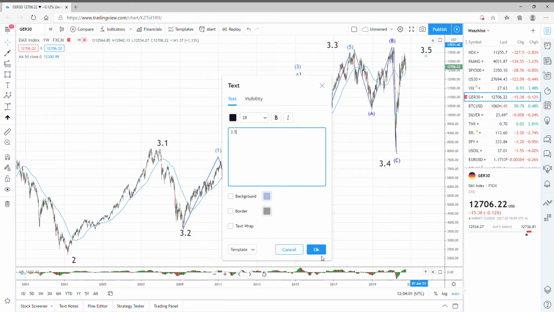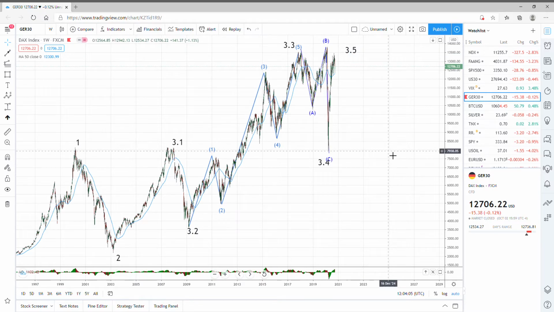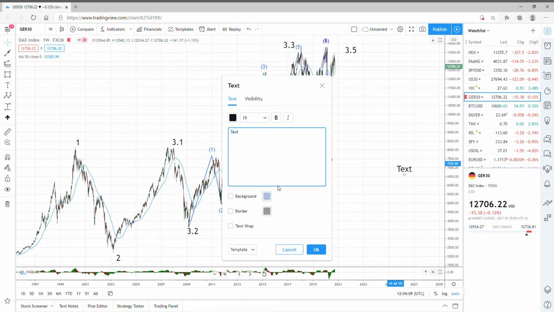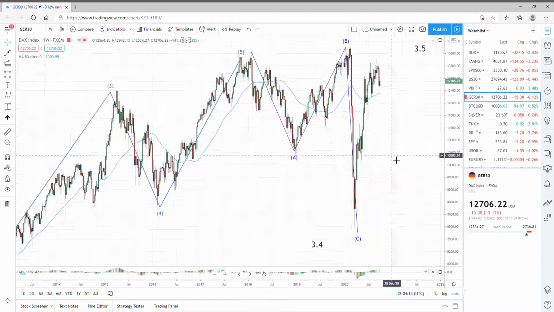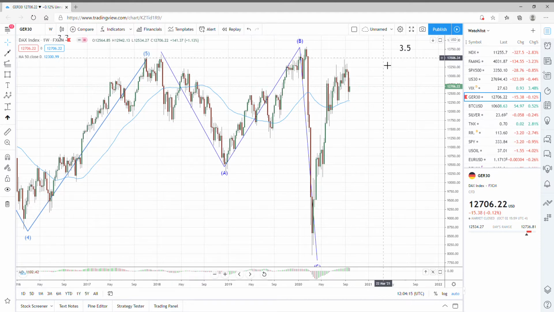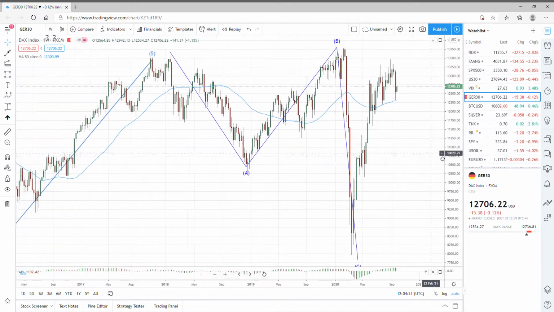Okay. Then once you get your 3.5, you're then talking a really decent drop for a true wave 4. Okay. So what we're saying is this could be the final move before something really big happening in the markets. So we need to time this right.